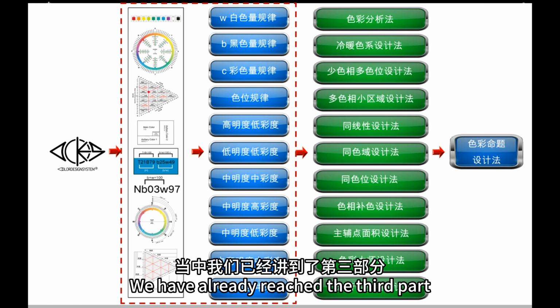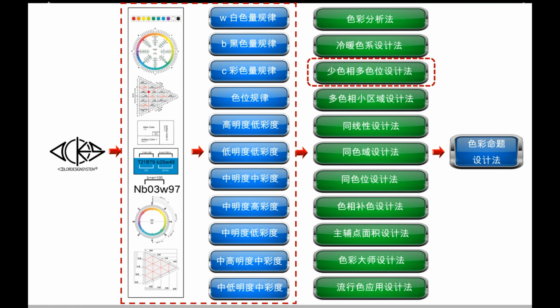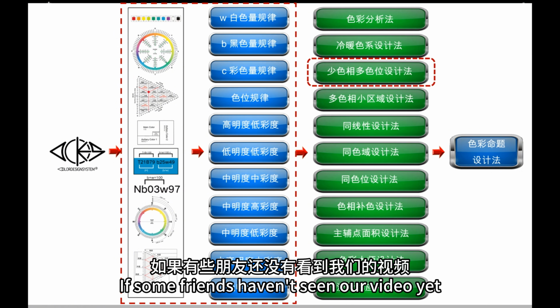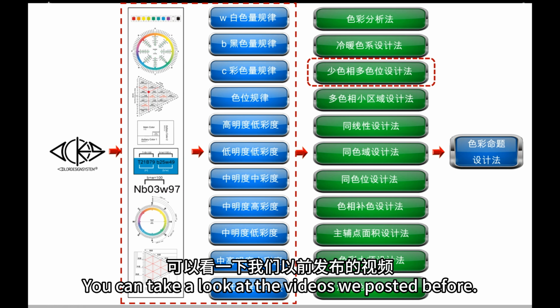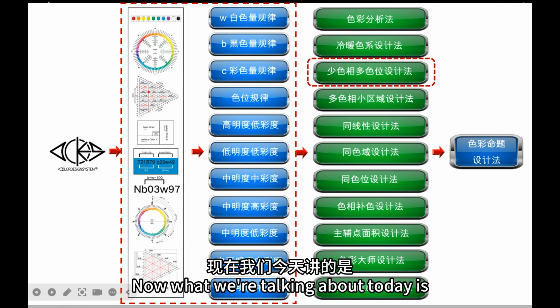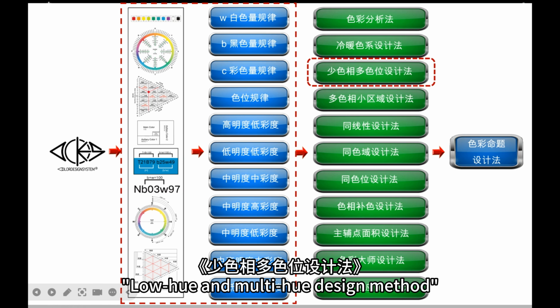We have already reached the third part. The first part we talked about is the color analysis method. If some friends haven't seen our video yet, you can take a look at the videos we posted before. The second step is the warm and cold color design law. What we're talking about today is the low hue and multi-hue design method.